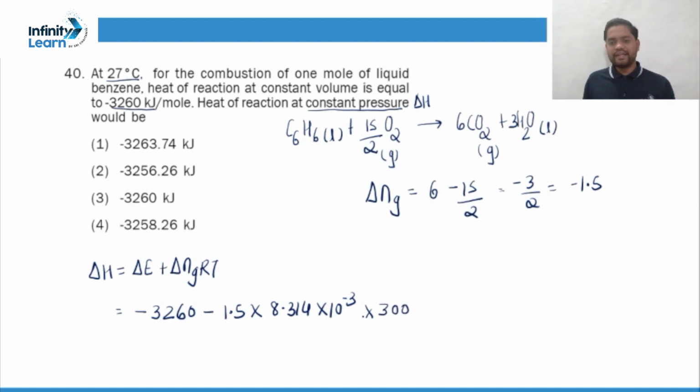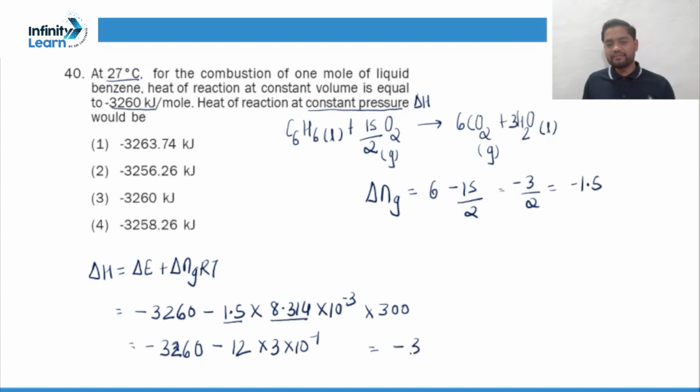So I can write this as minus 3260 minus, taking 8.314 as roughly 8, 8 into 1.5 is 12, because 8 ones are 8 and half of 8 is 4, so 4 plus 8 is 12, into 3 into 10 raised to minus 1. So 12 3s are 36, and 36 into 10 raised to minus 1 is 3.6.